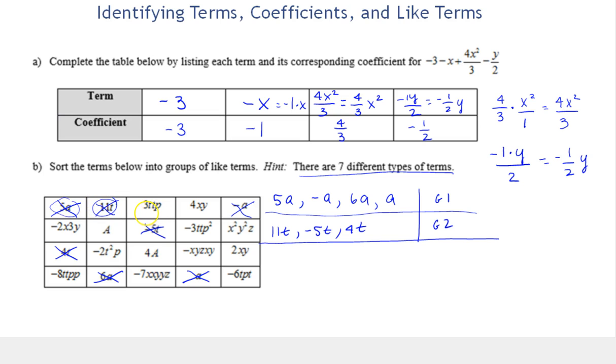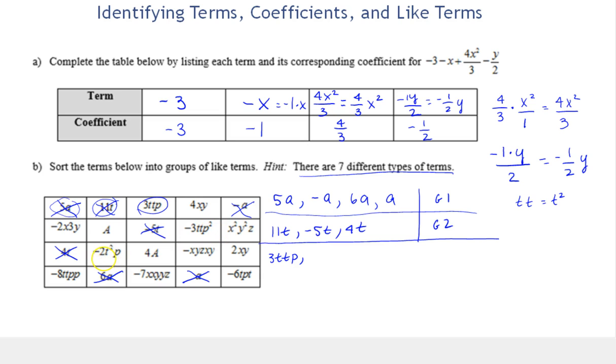Next we have 3ttp. So we have 2 factors of t and 1 factor of p. The coefficient is 3. And remember, another way to write 2 factors of t is t squared. So let's scroll through and see if we see any more. We need 2 factors of t, but this has 2 factors of p because the p is squared, so this would not apply.